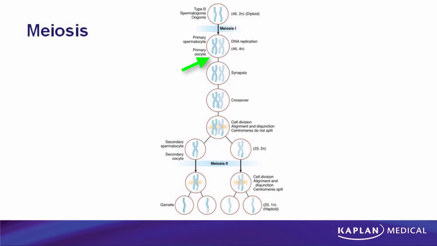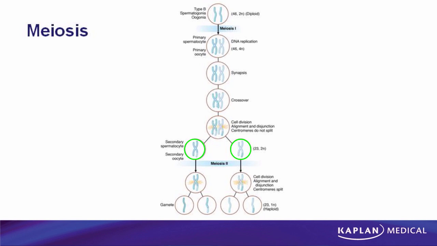And then that cell will continue through that first meiotic division. And what happens in that first meiotic division is that the pairs of chromosomes line up with one another. And then when this nucleus divides, one chromosome from each pair goes into each nucleus. So we'll have one chromosome from each pair in each nucleus. Remember, that still is a doubled chromosome, two chromatids in that chromosome.